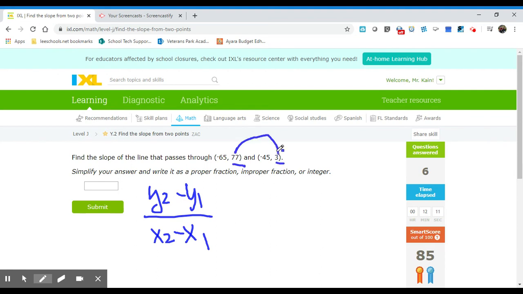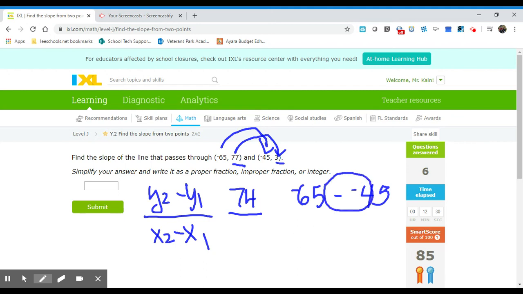So let's do 77 minus 3, which is 74. And then negative 65, so negative 65 minus negative 45. The two negatives become a plus.